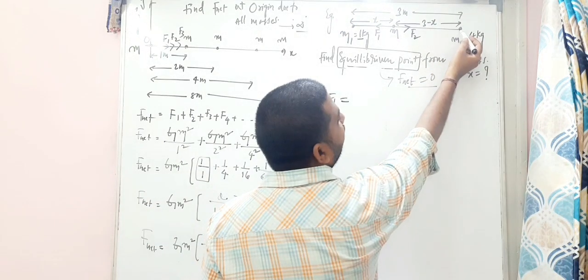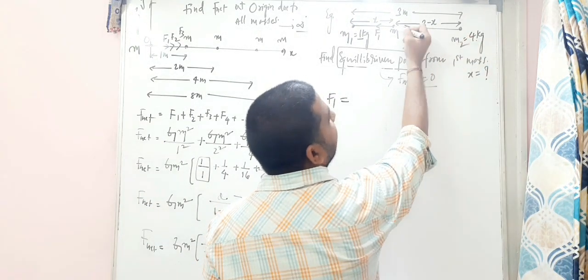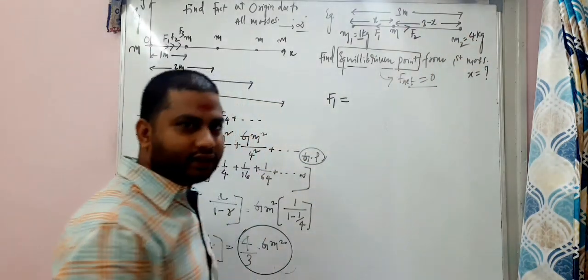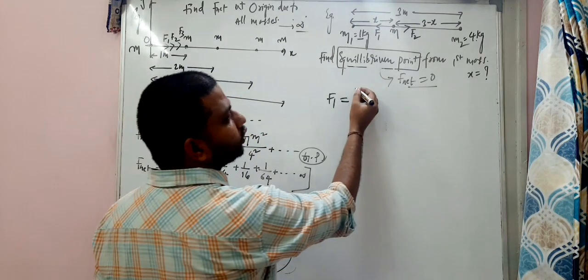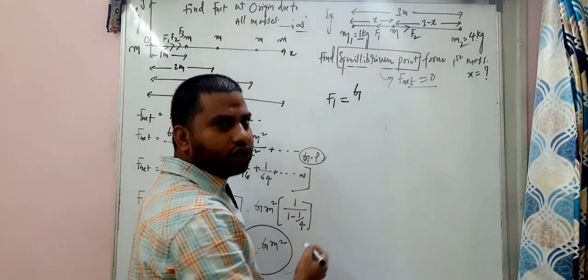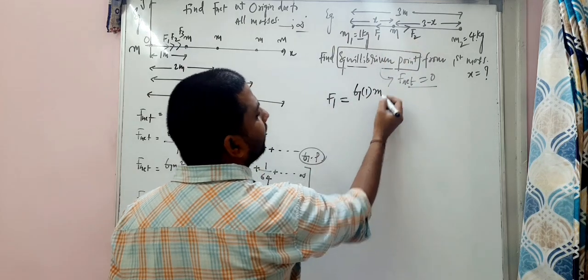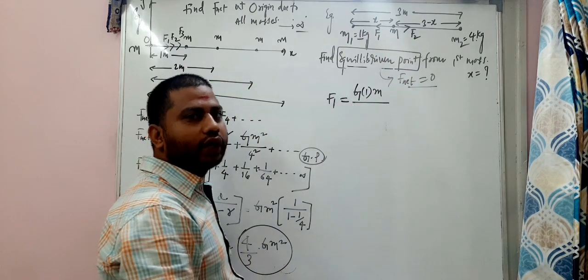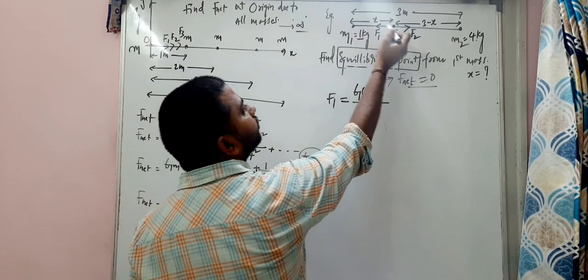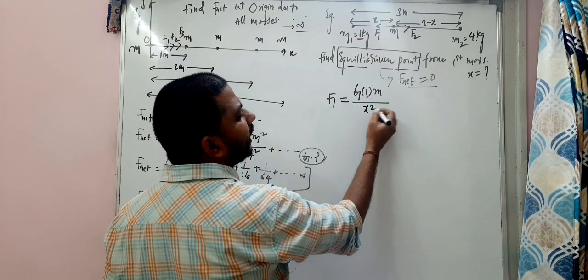F2 is the force of attraction between 4 kg and m. F1 is equal to G into m1, 1 kg, into m2, small m, divided by r square. What is r? The distance between these two masses, it's x square.